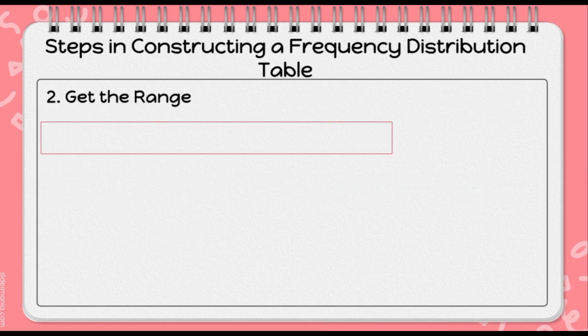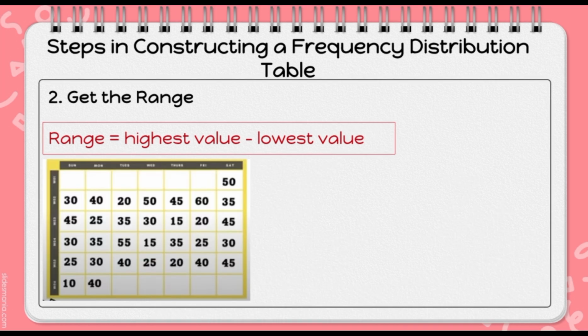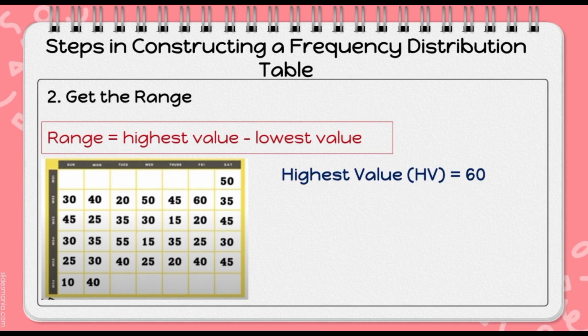For our second step, we get the range. Again, when we say range, it is the difference between the highest value and the lowest value. So we have this formula: range is equal to the highest value minus the lowest value. Here in our example, our highest value is equal to 60 and our lowest value is equal to 10.